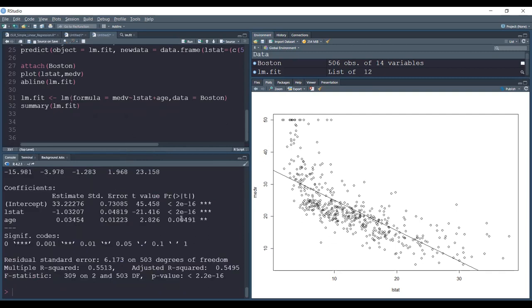And here we go. Notice now that the age variable has a much higher p-value, although it's still considered usually in most contexts as extremely low. It isn't even a 1% p-value.